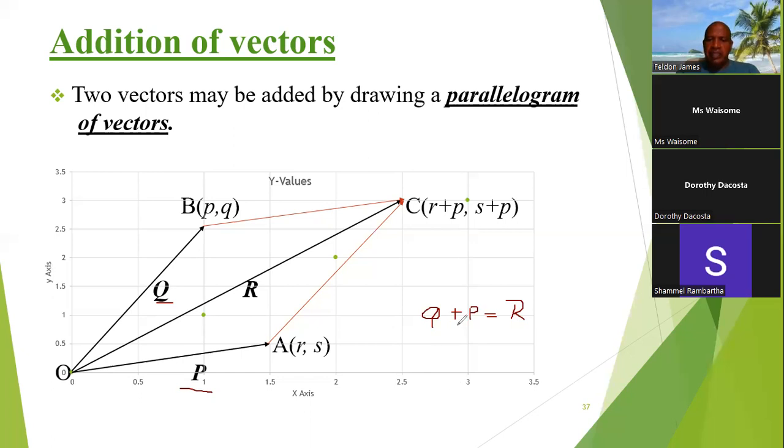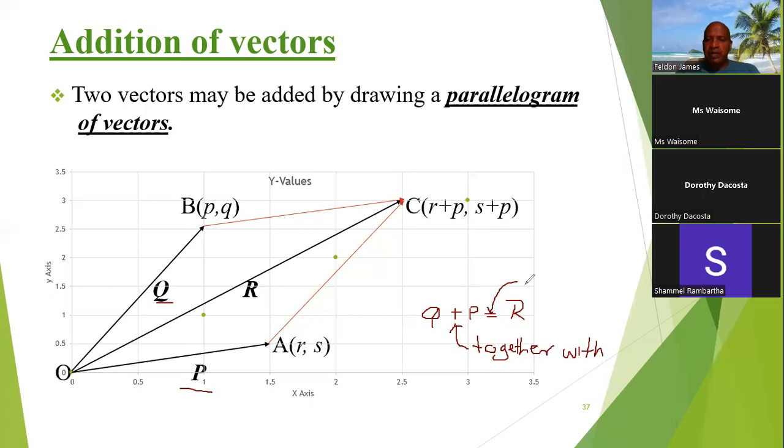In vector language, that plus sign means together with. So that's how you have to read it when you're dealing with vectors. You don't read it as the usual addition symbol. So you would say the vector Q together with the vector P.